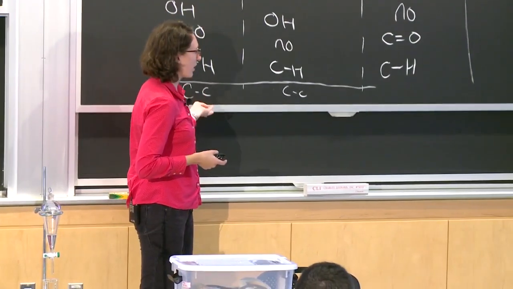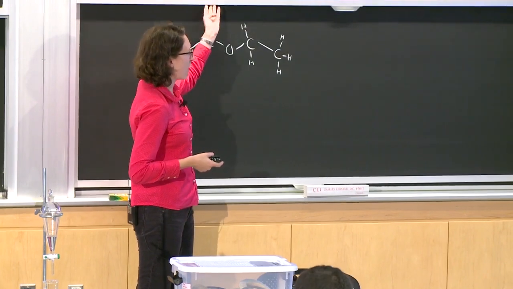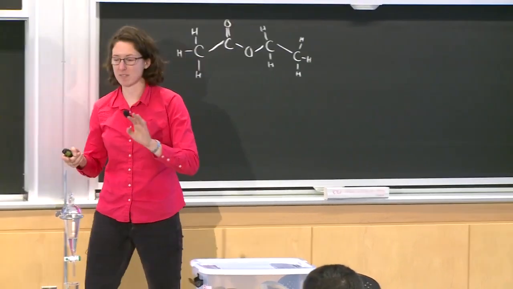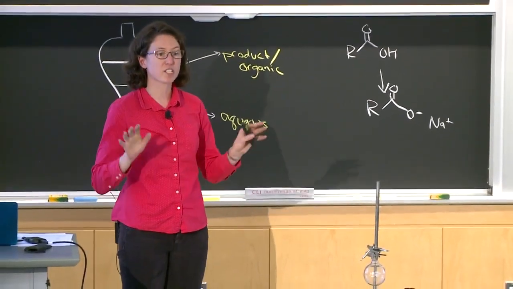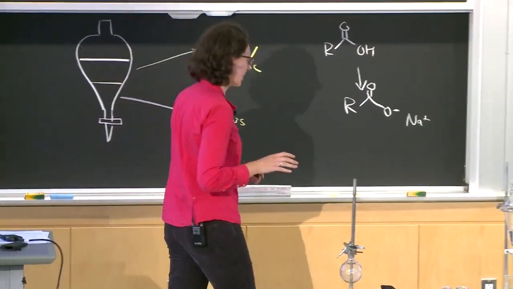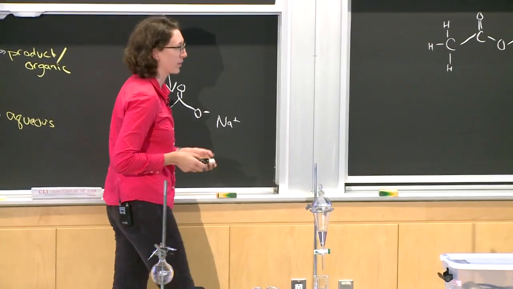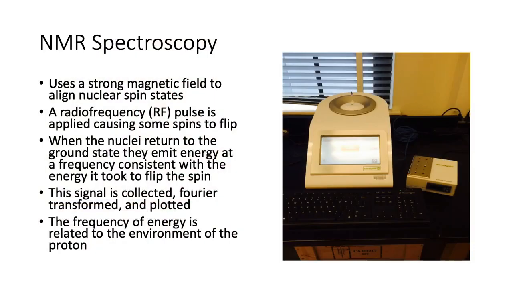So I will do a quick briefing on NMR because we have some time. And then again, stay tuned. You will get a much, much better idea of this technique from Walt in a couple weeks. So NMR spectroscopy, the idea behind it is that it uses a very strong magnetic field to align nuclear spin states.